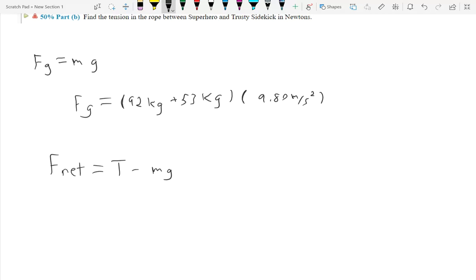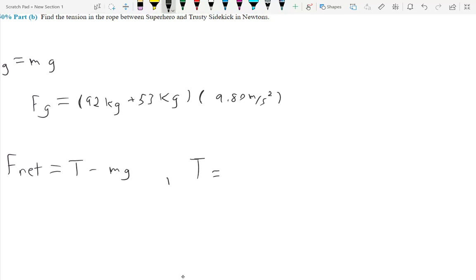And so tension is equal to the number that we got earlier, which is 1,421 newtons. That is 92 plus 50 newtons.